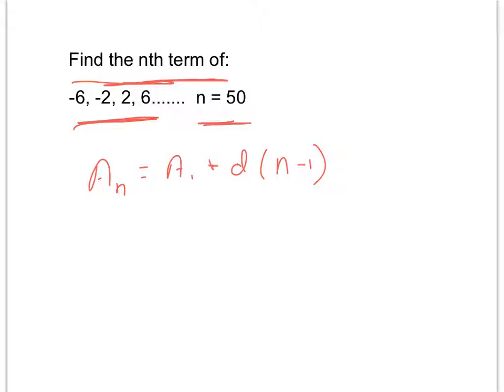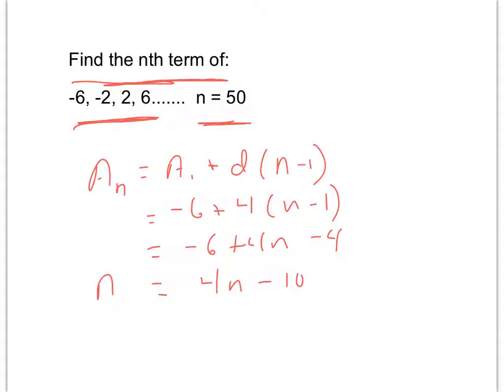In this case, a sub 1 is going to equal negative 6. We can see we're adding 4 each time, so our d is 4 times n minus 1. Let's distribute that 4. We get negative 6 plus 4n minus 4. It looks like our rule is 4n minus 10.